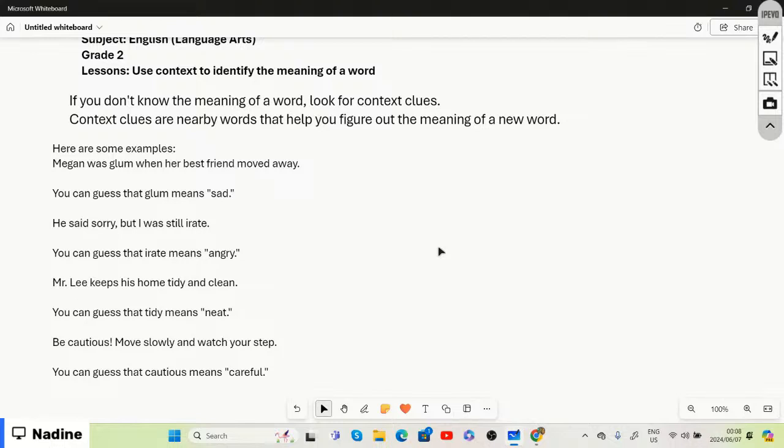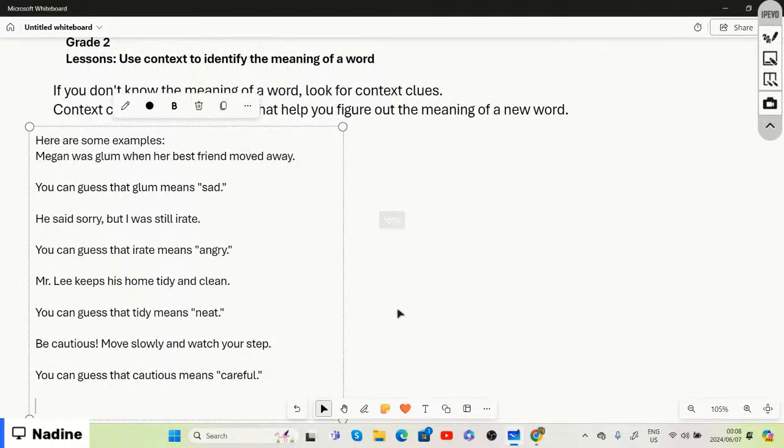If we look at a few examples, it says Megan was glum. So the word is glum. Let me just make that word a bit bigger.